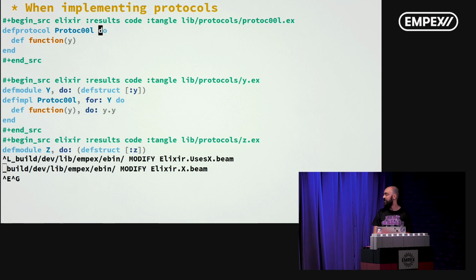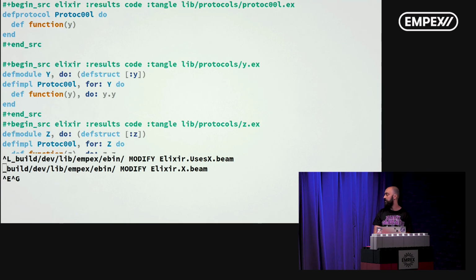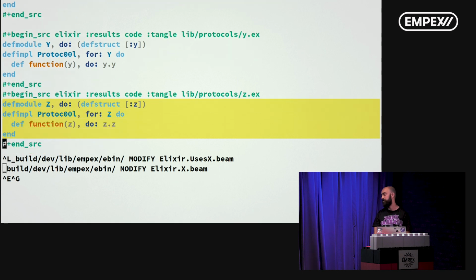I always wanted to write that. I finally had the opportunity. And Protocol defines a function called function. And we are going to define structs Y and Z that will implement the protocol for them, right?